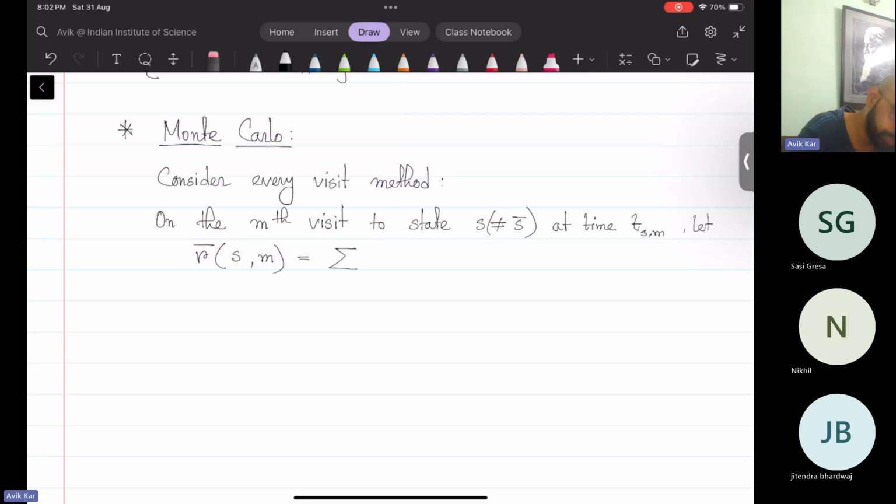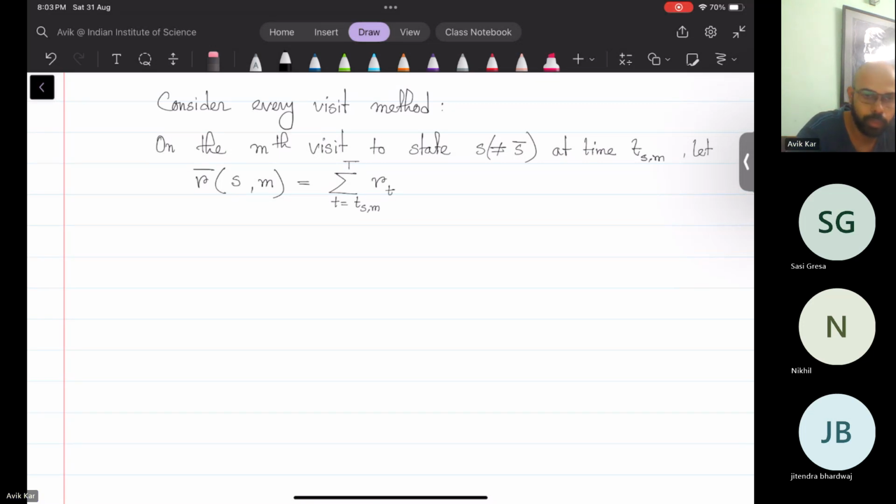Let R bar(s, m) denote the return from T(s, m). Say the process ends at time capital T. The process ends means the process hits the state s bar at time capital T, and this is a random variable, not something deterministic.